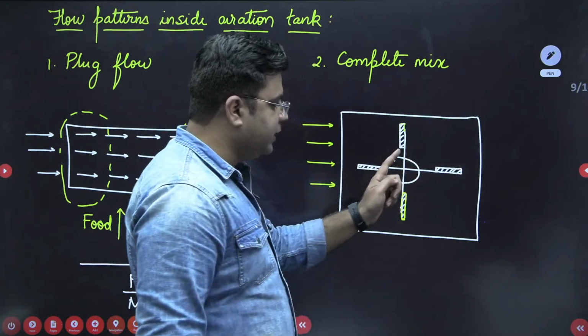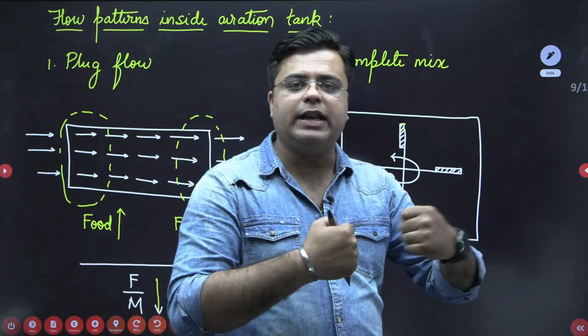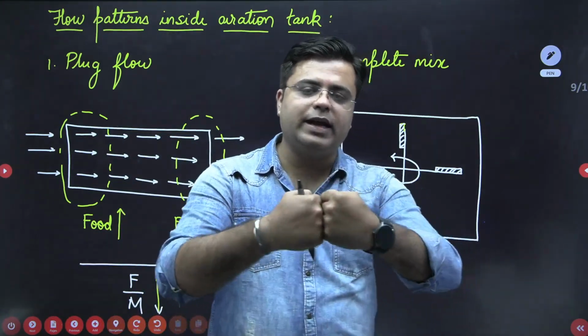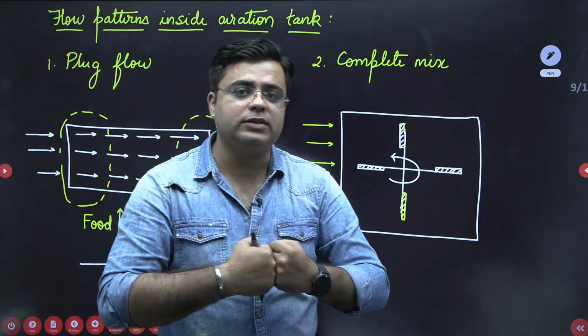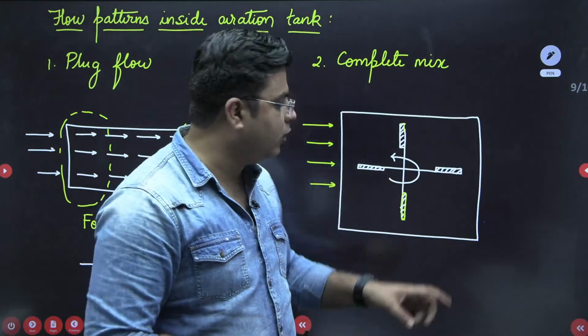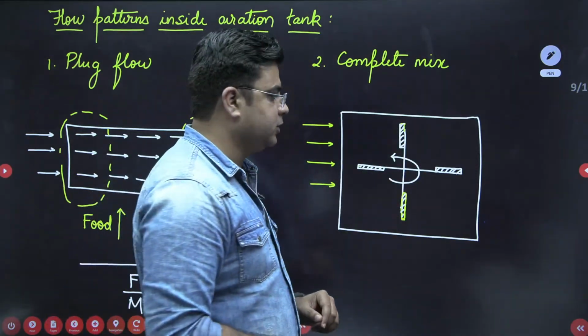Due to this mixing, the contact opportunity between the microorganism and the organic matter increases. And if the contact opportunity between organic matter and microorganism increases, more active decomposition is observed and more removal of BOD is seen in this kind of flow pattern, which is of complete mix.